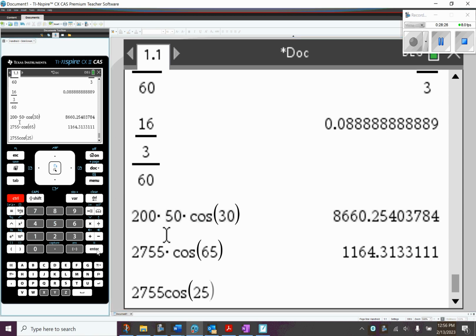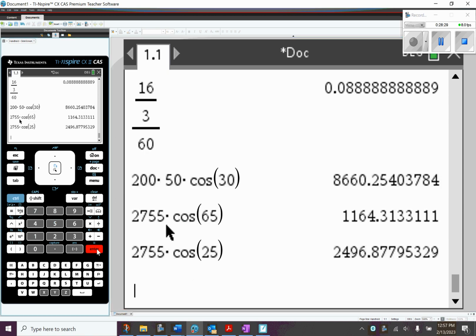Force the decimal. Oh my goodness. Yes, they're not going to add together to give us the weight of the car. We learned that in trigonometry. That's not the way things are going to work out.